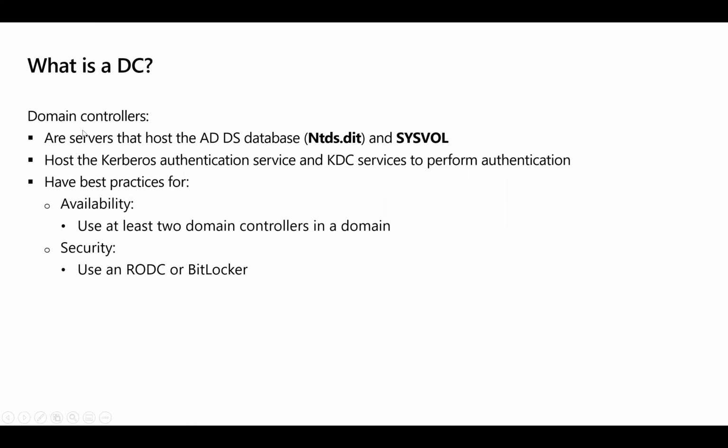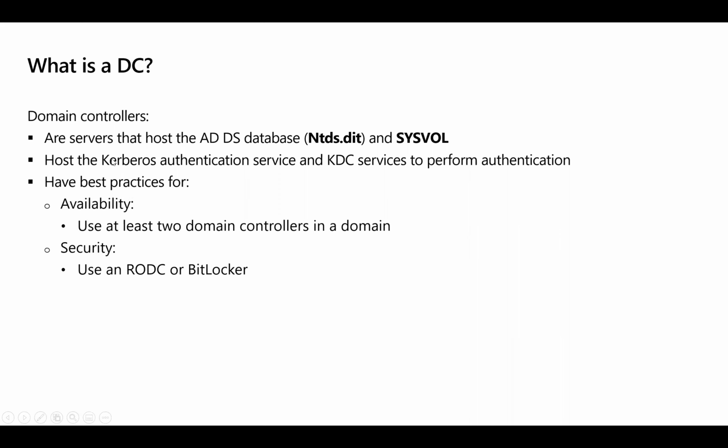First of all, what is a DC? Domain controllers are servers that host the database, which is ntds.dit and sysvol. The domain controller's primary function is to authenticate and to authorize.